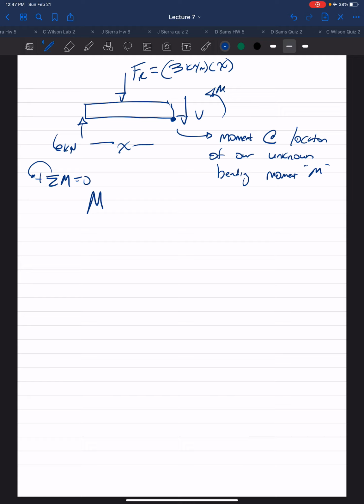So M minus 6 kilonewtons times the distance here. Well, we're getting it as a function of x, so the distance from here will be times x.